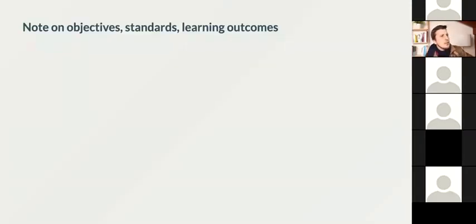Just a note on objectives, standards, learning outcomes, and the different words that you might find. The general idea is that objectives, learning outcomes, goals, aims, all these are the same. Let's not overcomplicate things.